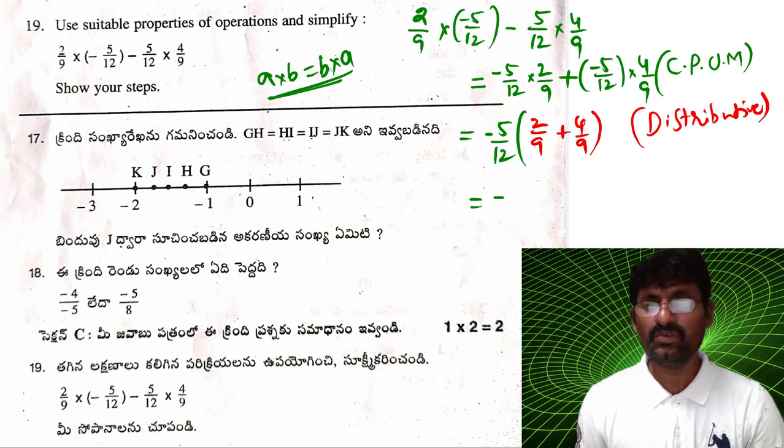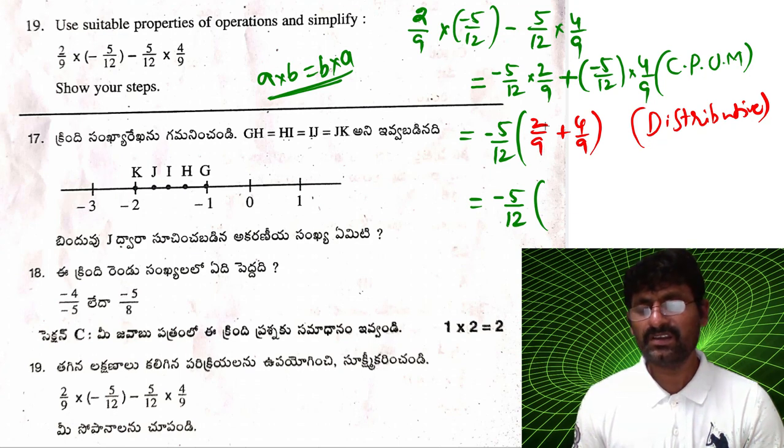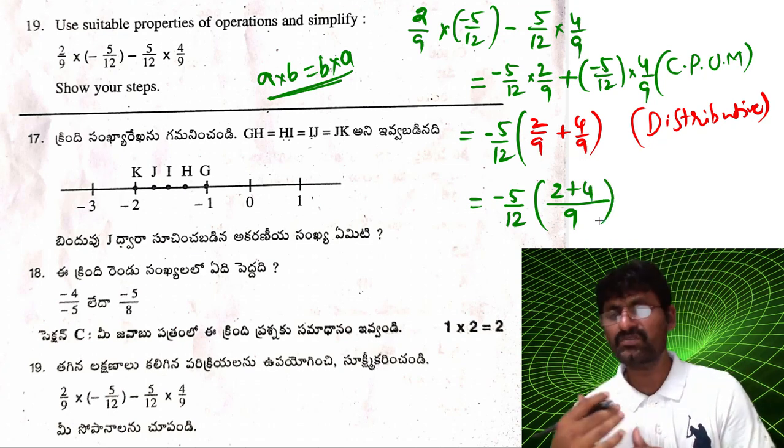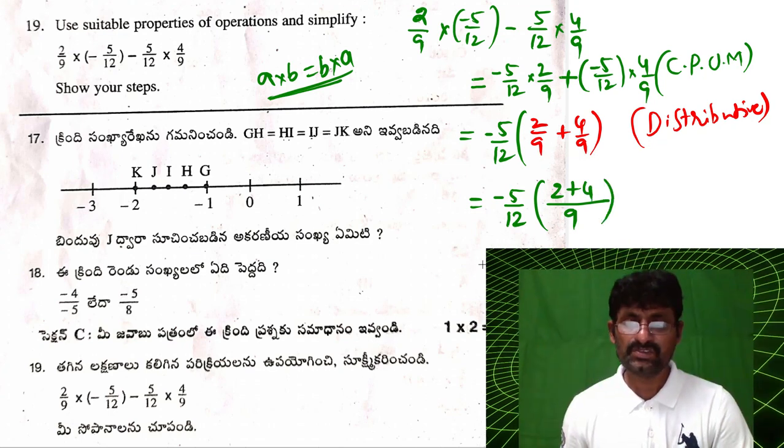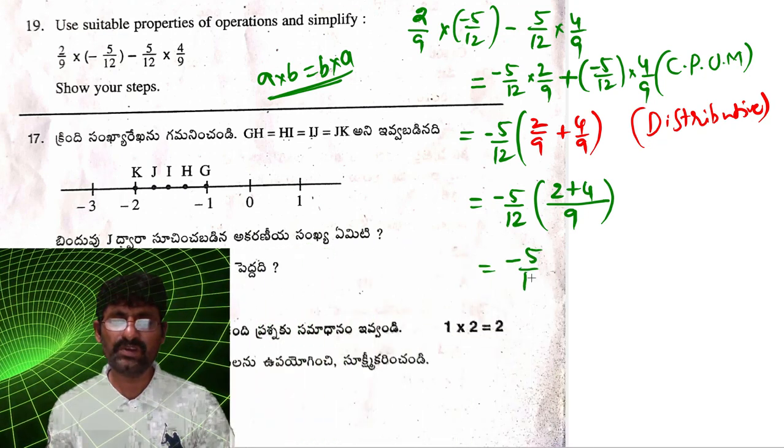Now this is equal to minus 5 by 12 into, in the brackets, 2 by 9 plus 4 by 9. The denominators are equal, so write 9, and you can directly add the numerators 2 plus 4. Why? Because the denominators are equal. That is what we call a common denominator. So this is equal to minus 5 by 12 into 6 by 9.